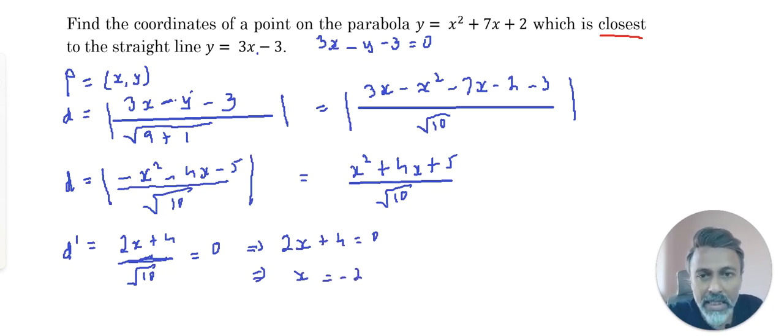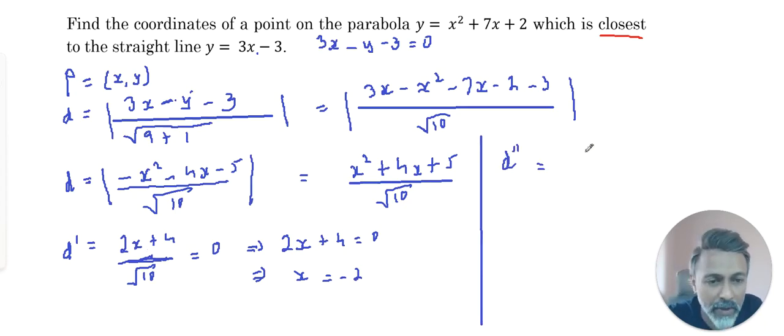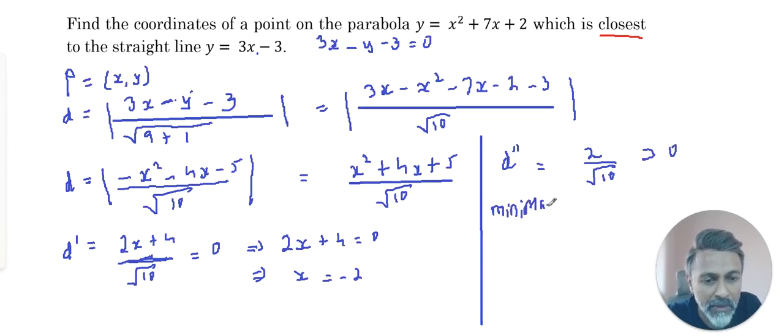Let's get the second derivative. d double dash is equal to the derivative of 2x plus 4, which is 2 upon root 10, which is greater than 0. Hence you get minima at x is equal to minus 2.